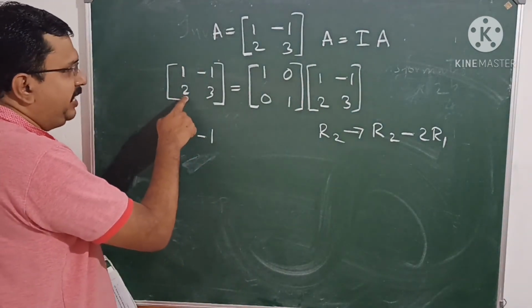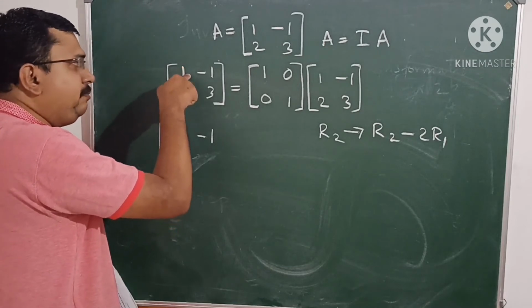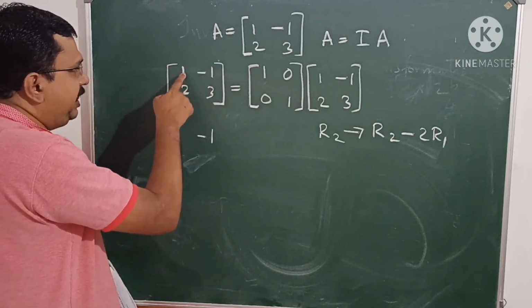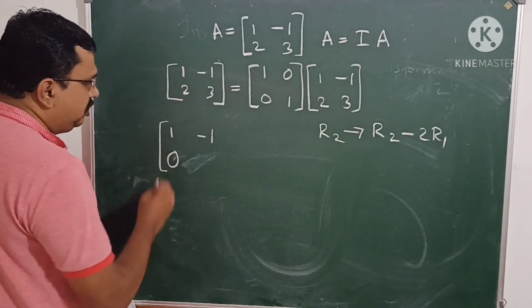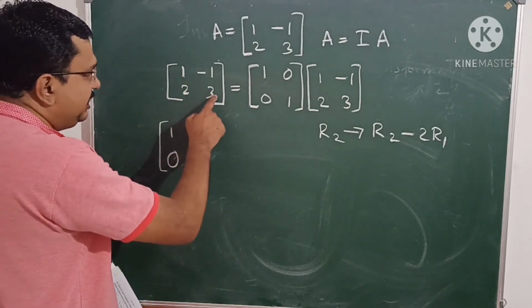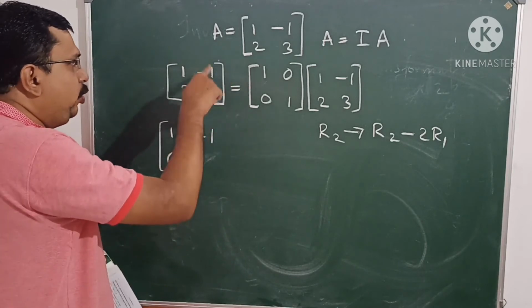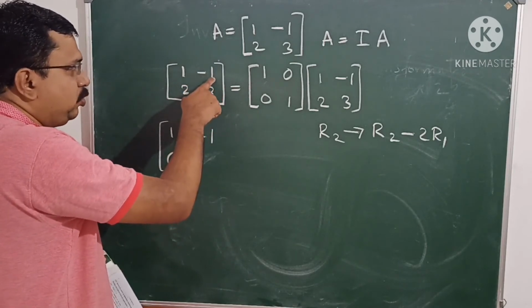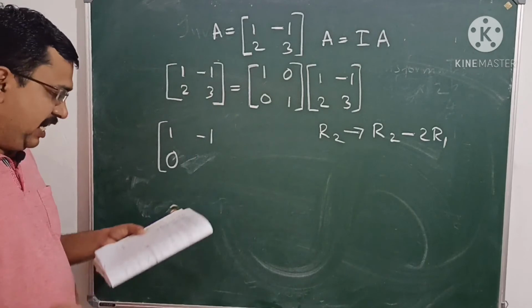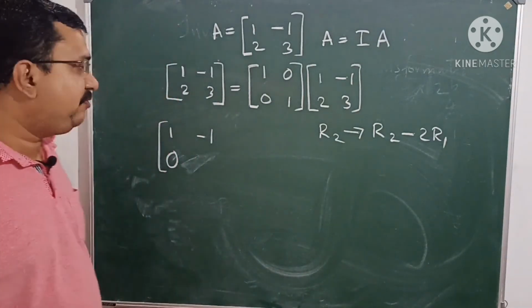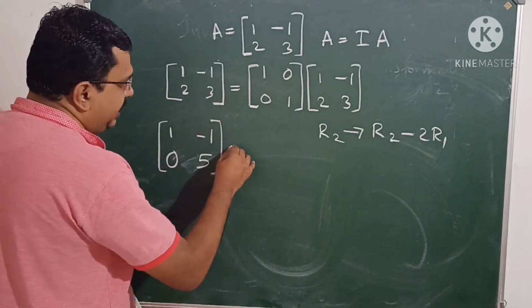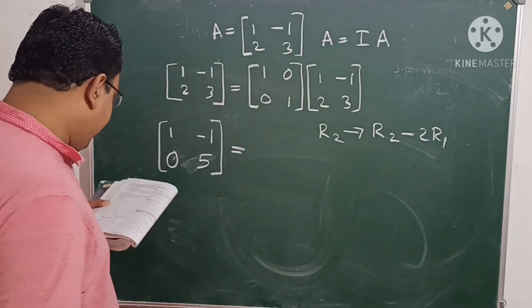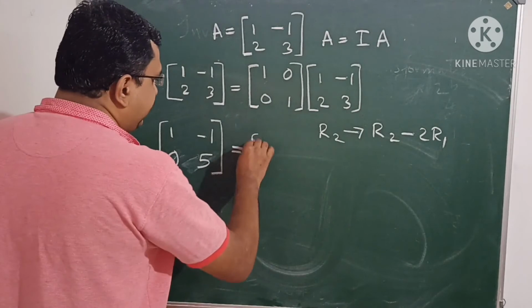Here 2 minus 2 times R1, that is 2 minus 1 into 2, that is 2 minus 2, that is equal to 0. Next, 3 minus 2 times R1, minus 2, 3 minus of minus 2, that will become 5.